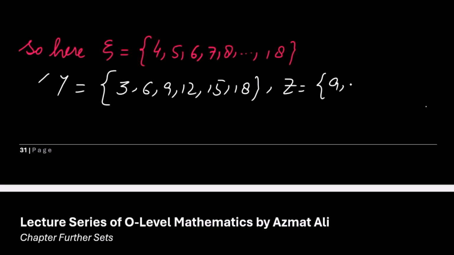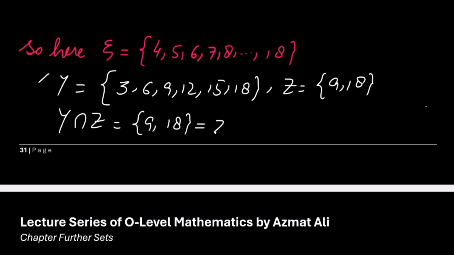So the first number is 9, second is 18. You can see here Y intersection Z is equal to 9, 18, clearly equal to Z. So here Z is a proper subset of Y.